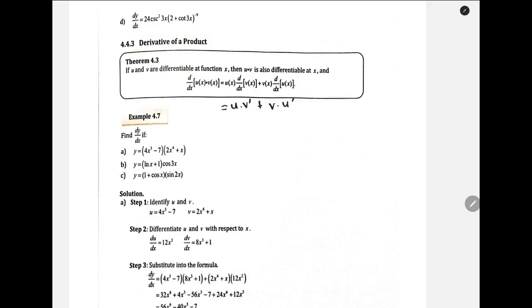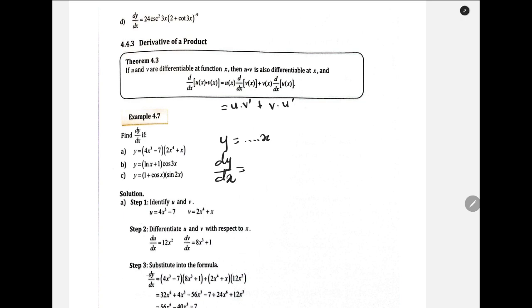The use of prime is not emphasized in my class, but prime is actually another term used for differentiation. If you have y equal to x and differentiate it, you say dy over dx, right?